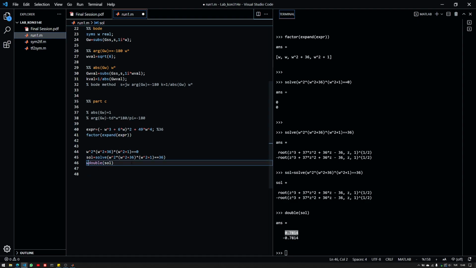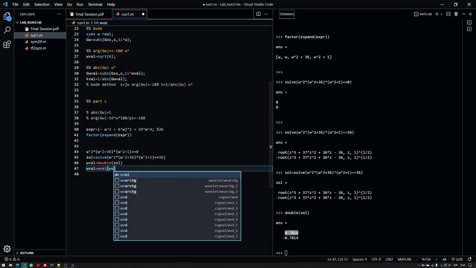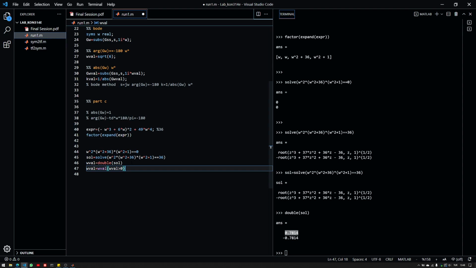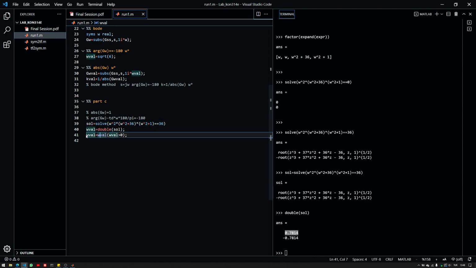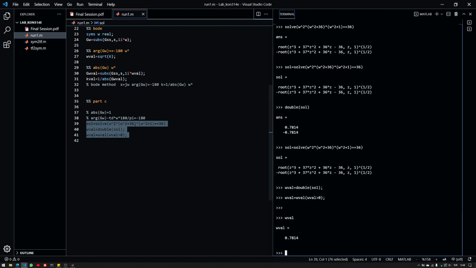Let's say omega val equals this, and then omega val being positive. So you can directly use 1 or 2 as an index in order to eliminate the unnecessary parts. But I use this to automatically get the frequency that is positive.